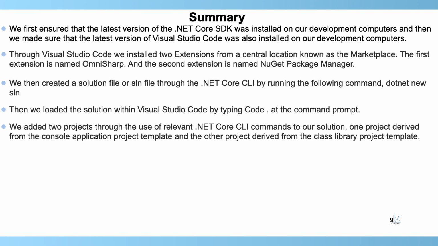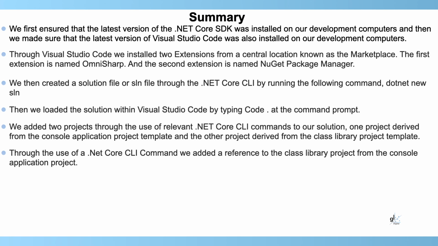We added 2 projects to our solution through the use of the relevant .NET Core CLI commands. One project derived from the console application project template, and the other project derived from the class library project template. Through the use of a .NET Core CLI command, we added a reference to the class library project from the console application project.